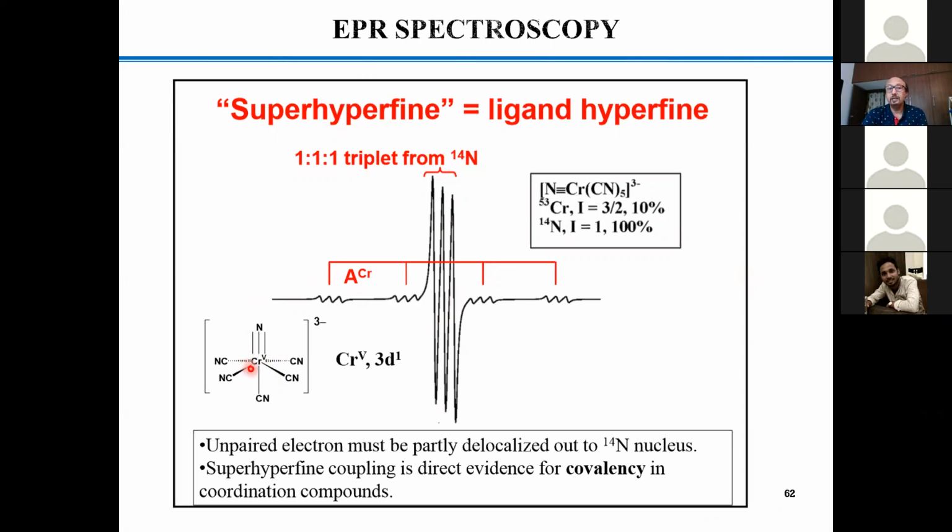Now, the hyperfine interaction is very easy to understand because it is considering the same atom, right? But super hyperfine is considering 2 different atoms, and how these 2 different atoms would interact. They cannot interact through space, right? They only interact through bond.